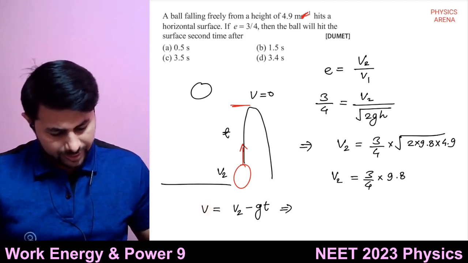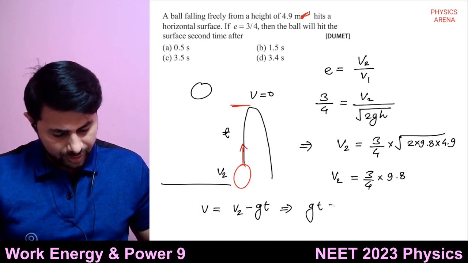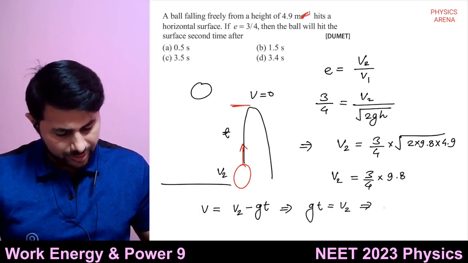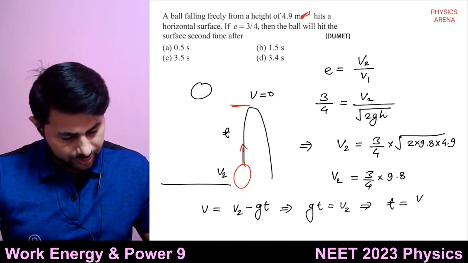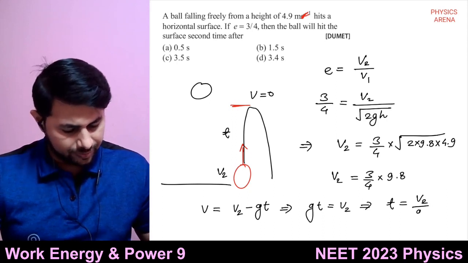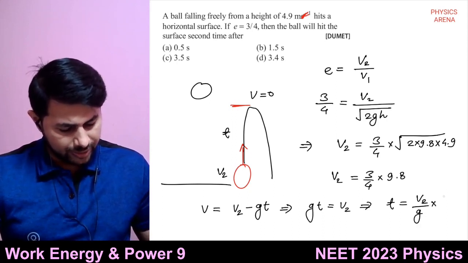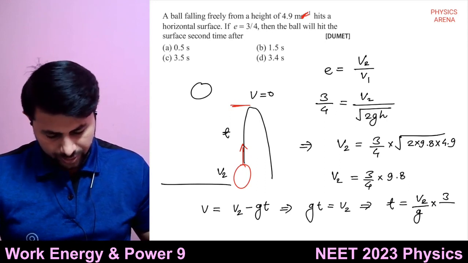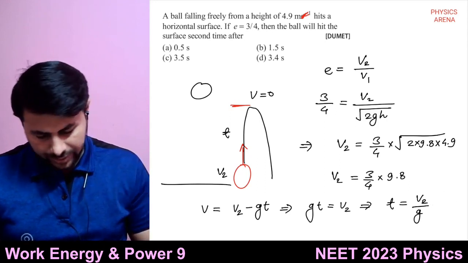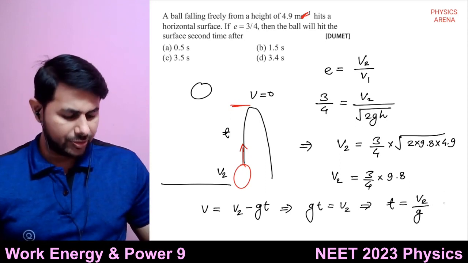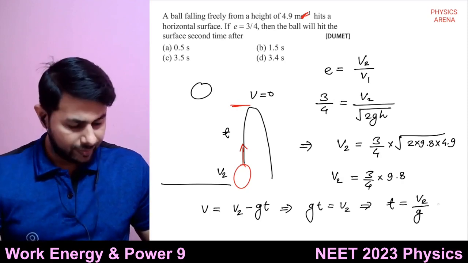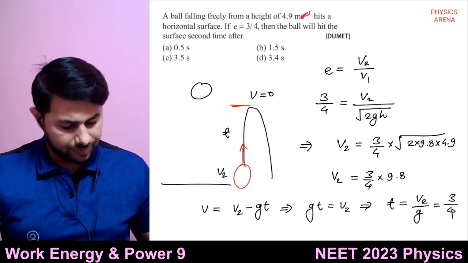So we get g times t is equal to v2, and therefore t is equal to v2 divided by g. Since v2 is equal to 3 by 4 times 9.8, this is equal to 3 by 4.